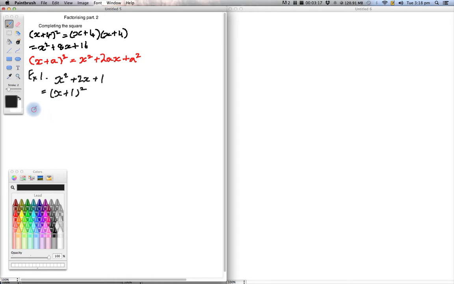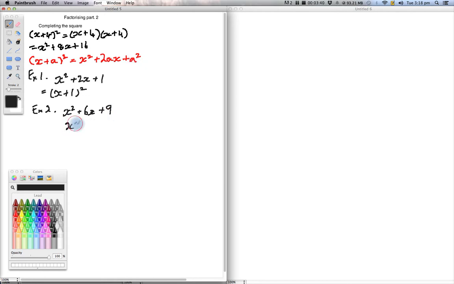Let's do another example to try and make this a bit more clear for you. Example 2. Okay, let's try x squared plus 6x plus 9. Okay, hopefully here you can see it a little bit more clearly. 9 is like the a squared.